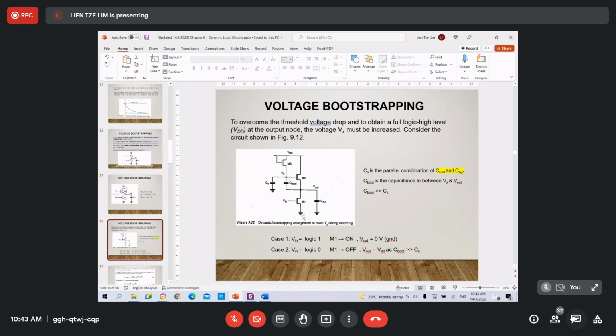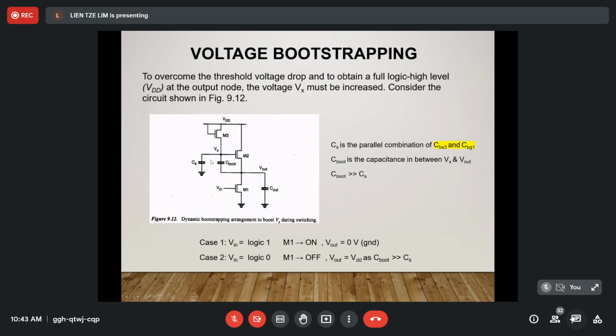With the addition of the transistor and capacitor, they can be used to overcome the threshold voltage. It means that in this case, Vout will be equal to VDD. It's not VDD minus the threshold voltage.